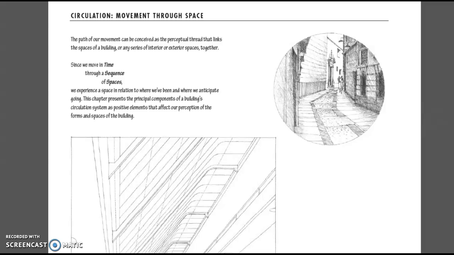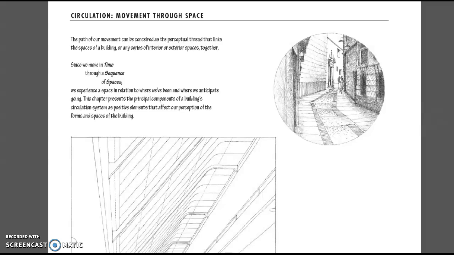Like you go from the entrance of the building to your classroom. You go through a sequence of spaces, and you are taking time to reach the classroom. The sequence of spaces could be the corridor, then the staircase, then another corridor, then another small corridor, and then you enter into the classroom.